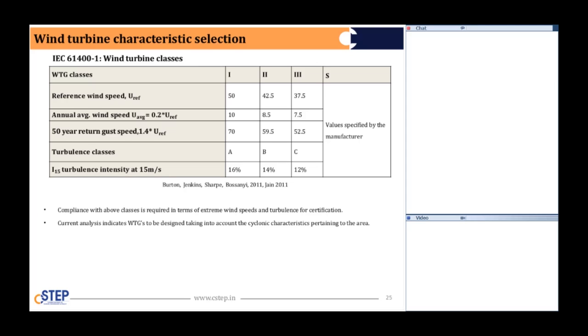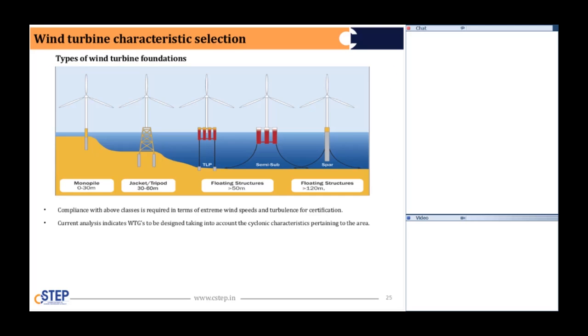It's possible that due to cyclonic conditions on the coast of Tamil Nadu, a particular location may not fit into any of the set classes 1, 2, and 3, and therefore a 4th class exists, the special or F class, which caters to turbines that have to be customized to location-specific needs.